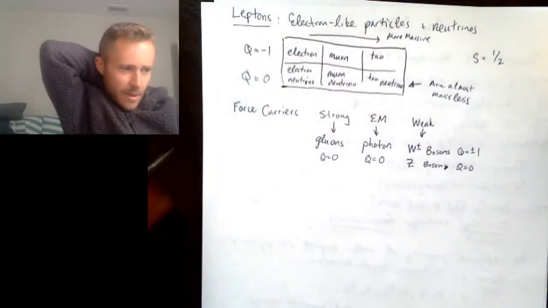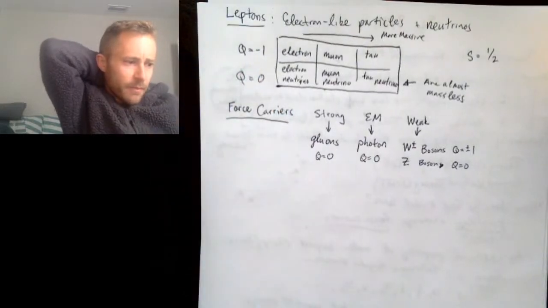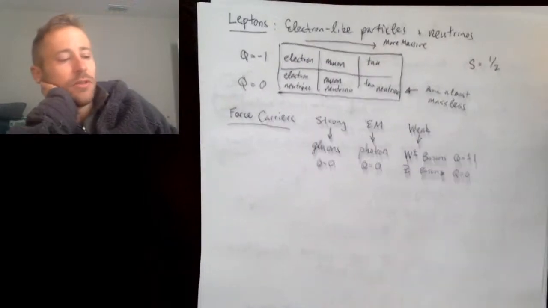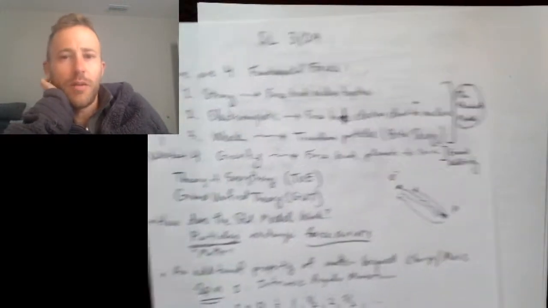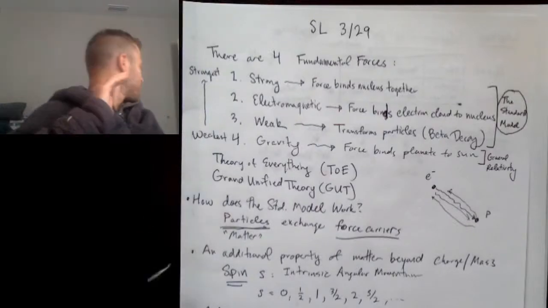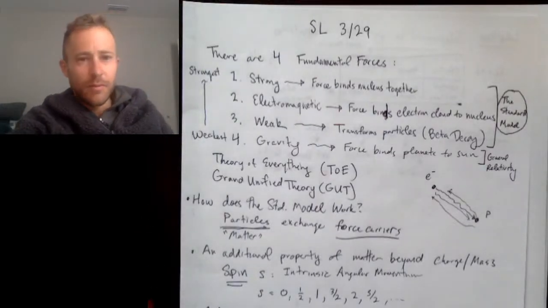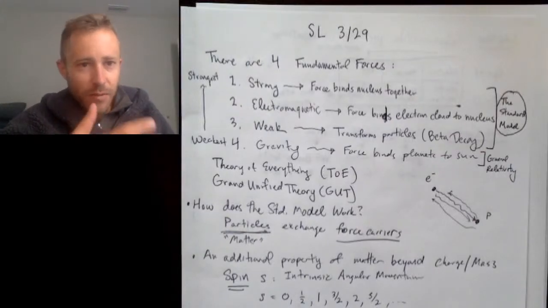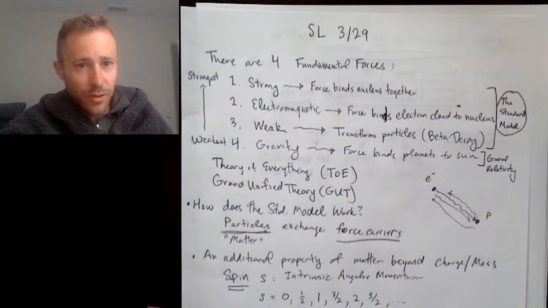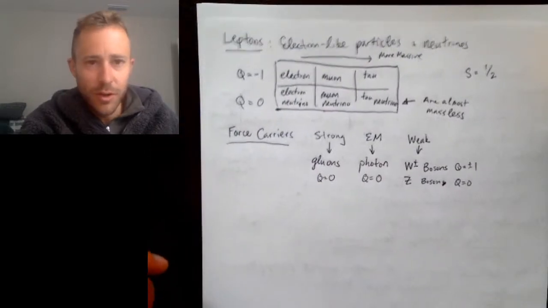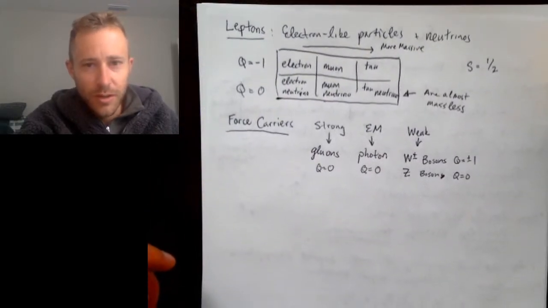All right? And then the force carrier for gravity. So remember, the standard model, which is what I'm describing to you today, is not a theory of gravity, but we kind of have already imagined that gravity could work the same way as these other forces. And so we already gave the force carrier of gravity a name, even though we don't really know if it exists.